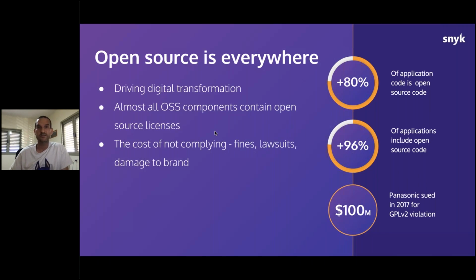And this legal risk stems from the various open source licenses included in the open source being used, right? And the problem is that these open source licenses include terms and conditions, various types of regulations and requirements from the user.